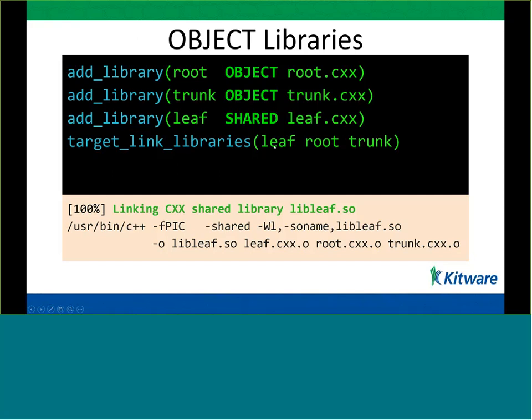So I've got my, I'm linking leaf, and you can see that it links in root.cxx.o and trunk.cxx.o. Even though those were called libraries, but they're object libraries. This can be useful if you want to, for various applications, if you don't want to have to create system-level libraries around groups of related objects.